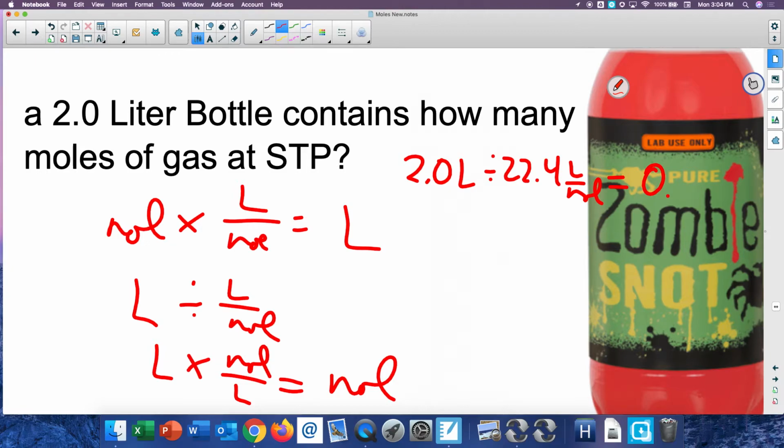It should be 2 divided by 22.4. 0.089 sounds more reasonable to me, and that would be in moles. Check your calculator buttons there, Elsie.